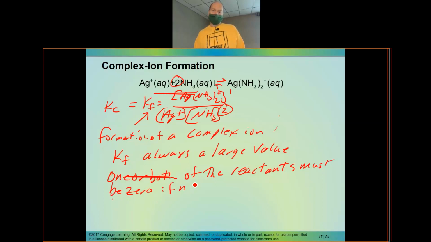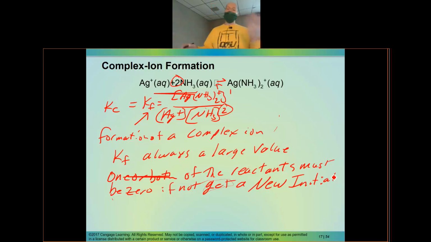If not, you need to get a new initial. All right, and so it's going to go until one of those is 0. Once one or both of them are 0, then go to equilibrium.